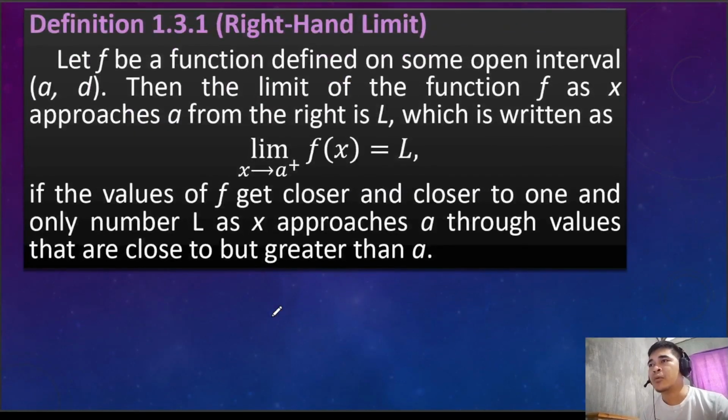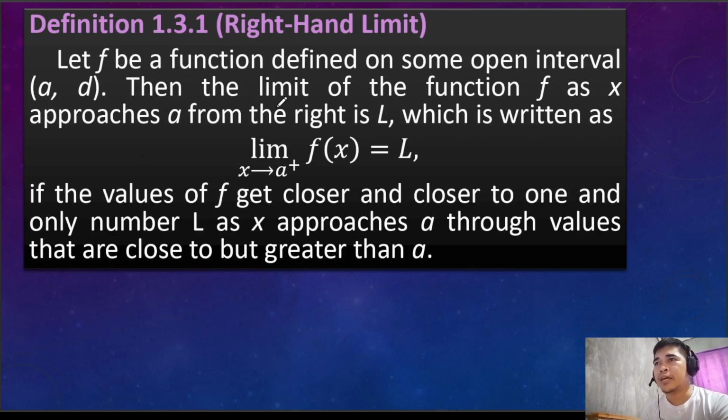So first, we're going to talk about the right-hand limit. These are the limits closer to the given value of a which are greater than the given value of a. That is the right side, the positive side. So here is the definition. Let f be a function defined on some open interval (a, d).